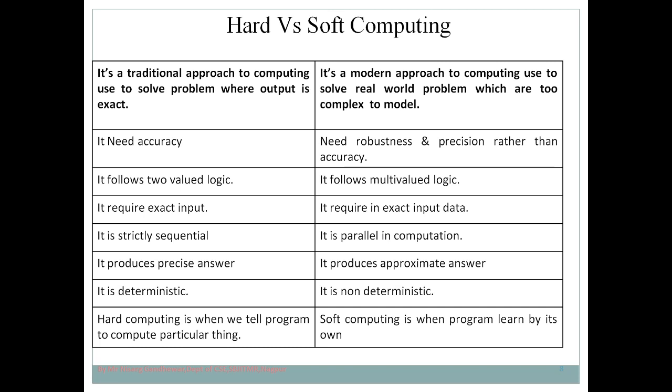But in soft computing you say the person is tall, and the criterion for tall should be a specific range. So it focuses on robustness and precision rather than accuracy.